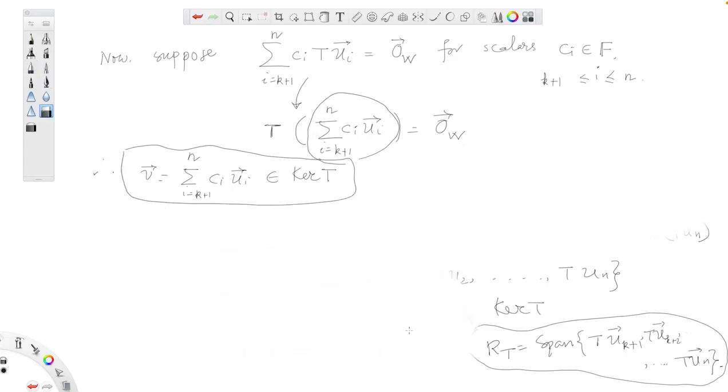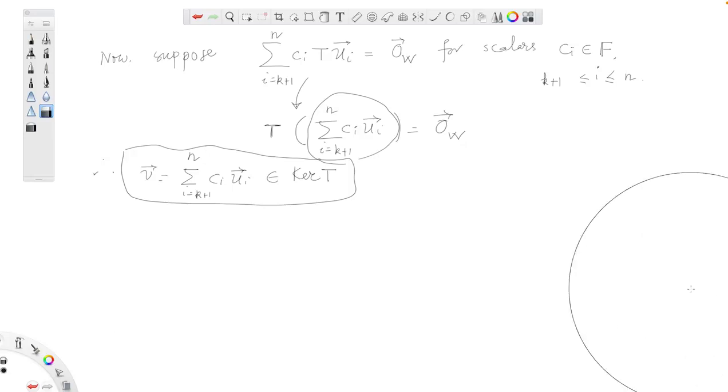Let me erase this stuff. Okay, but according to the hypothesis, this is an ordered basis of kernel of T, right?